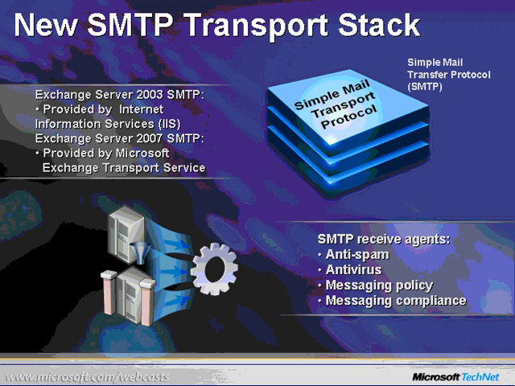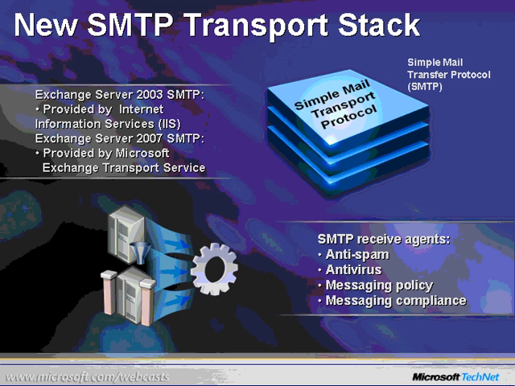All right, so remember, in Exchange 2007, we now have a new SMTP transport stack. It is part of the Exchange Transport Service, and you no longer want to install the SMTP that comes with IIS on Server 2003. It is its own piece.